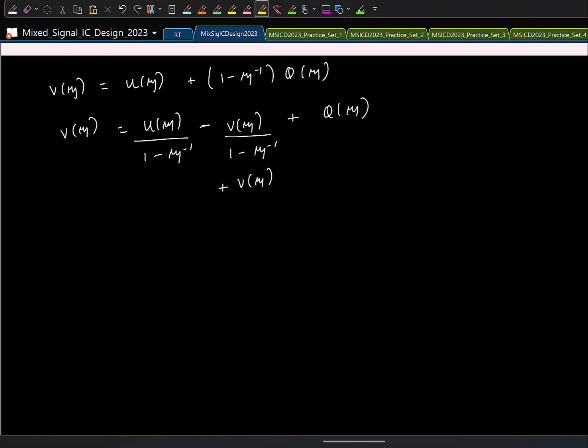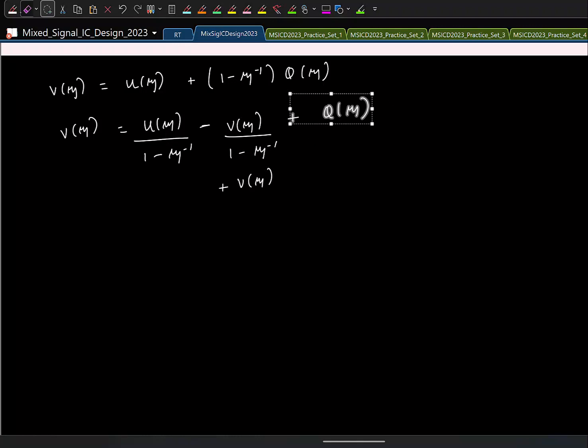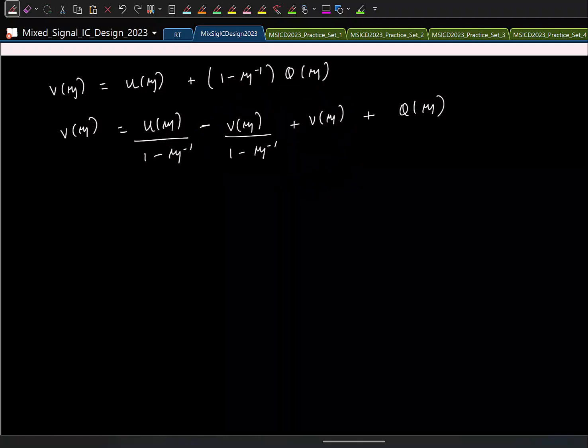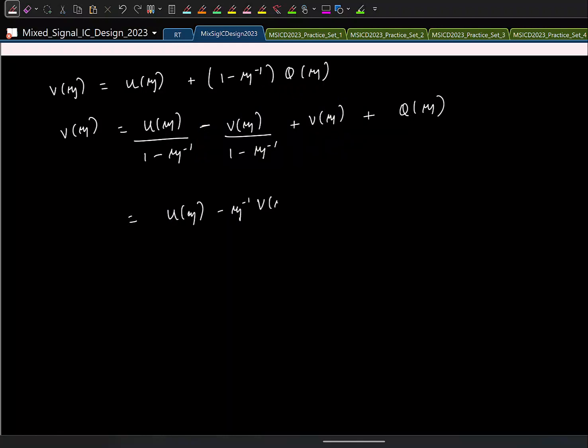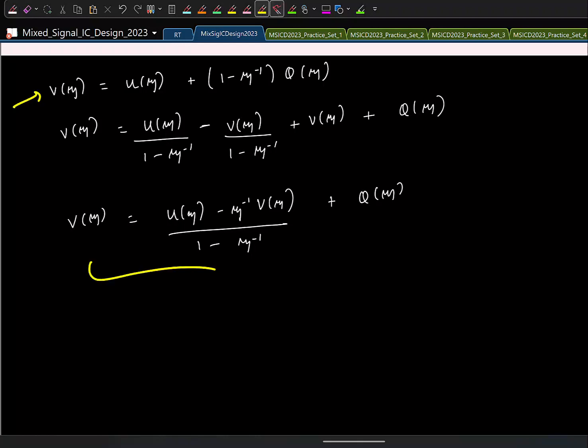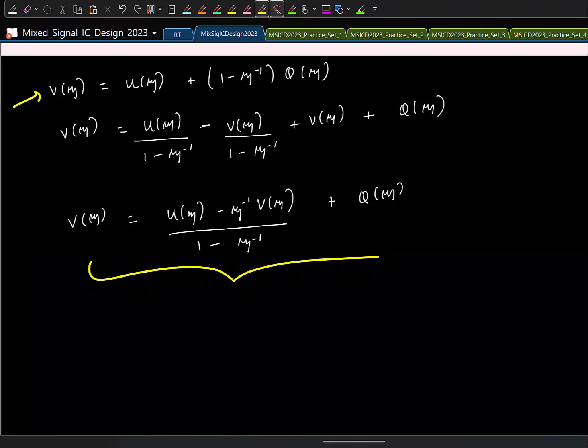Can you simplify and tell me? Just simplify this portion. The U of Z is there, and then minus Z inverse by 1 minus Z inverse. Basically it all gives this guy, right? I have just massaged that equation to get something else.